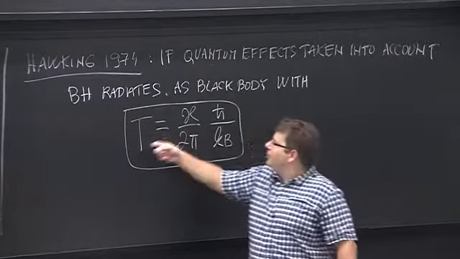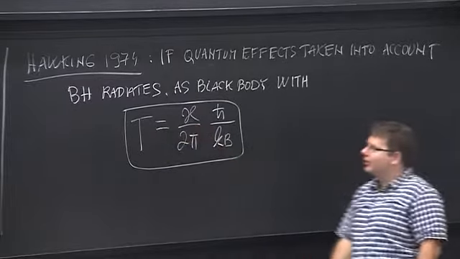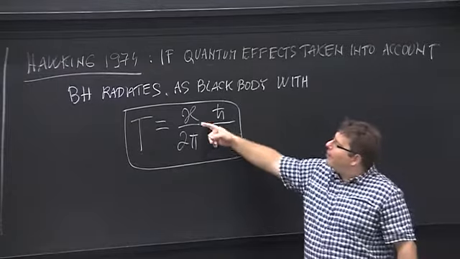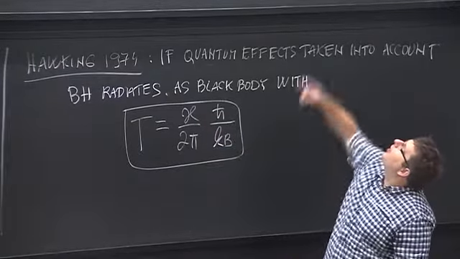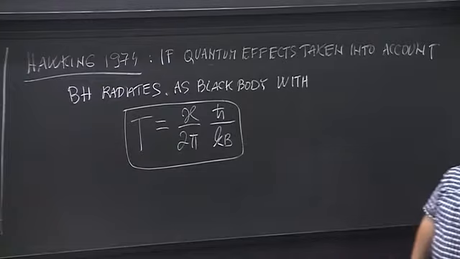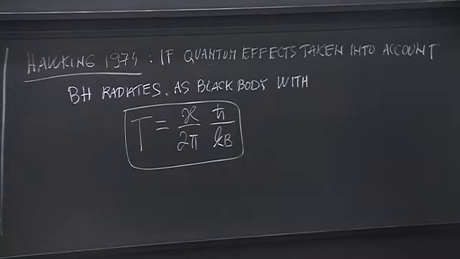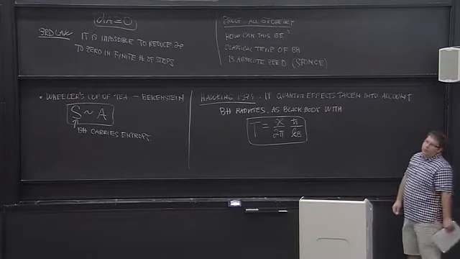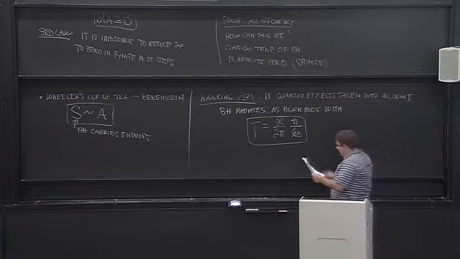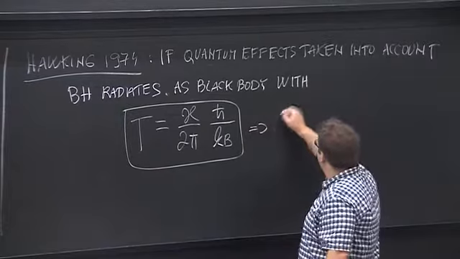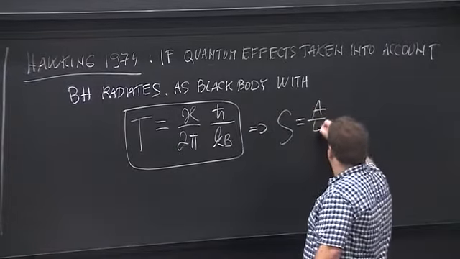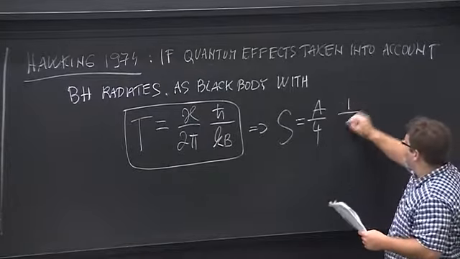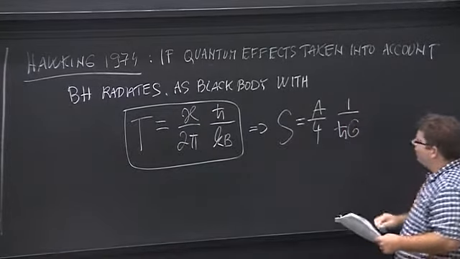So really the temperature is proportional to the surface gravity, and you can identify κ over 2π with the temperature. Then just looking at our laws, that means that the entropy, now this really makes sense and it's a thermodynamic expression, has to be area over 4. From here it follows that S is A over 4, and then you can write down the units as well, which involve ħ and G.